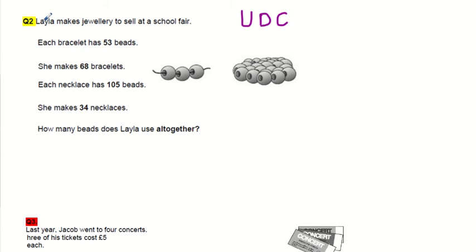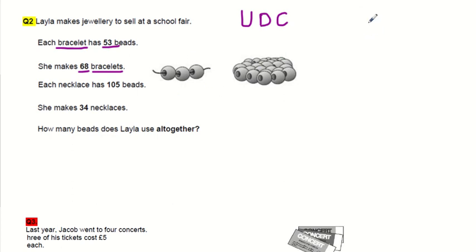Okay, so Layla makes jewellery to sell at a school fair. Each bracelet has 53 beads. She makes 68 bracelets. Okay, so I can see there's a bracelet here and some bracelets here.